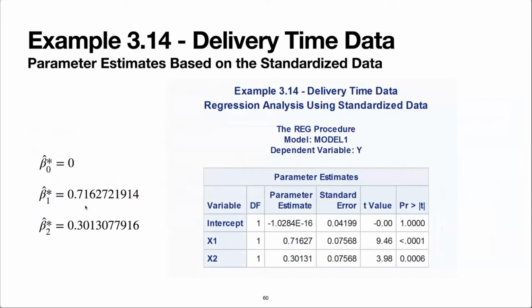That's what we got there. And then beta 2 star hat, obtained again by fitting a model to the standardized data, is 0.30131. And that's what we got using the formulas. So we see those formulas are working for us.